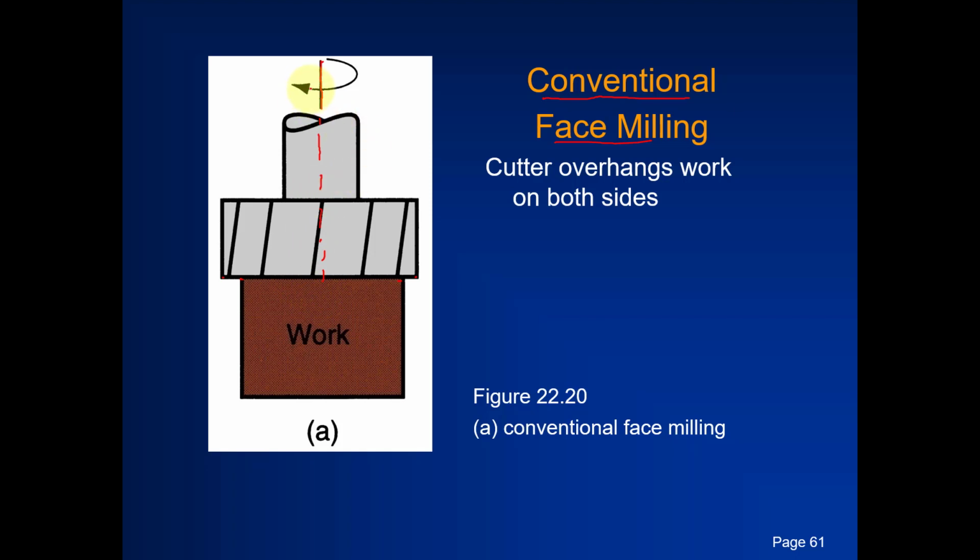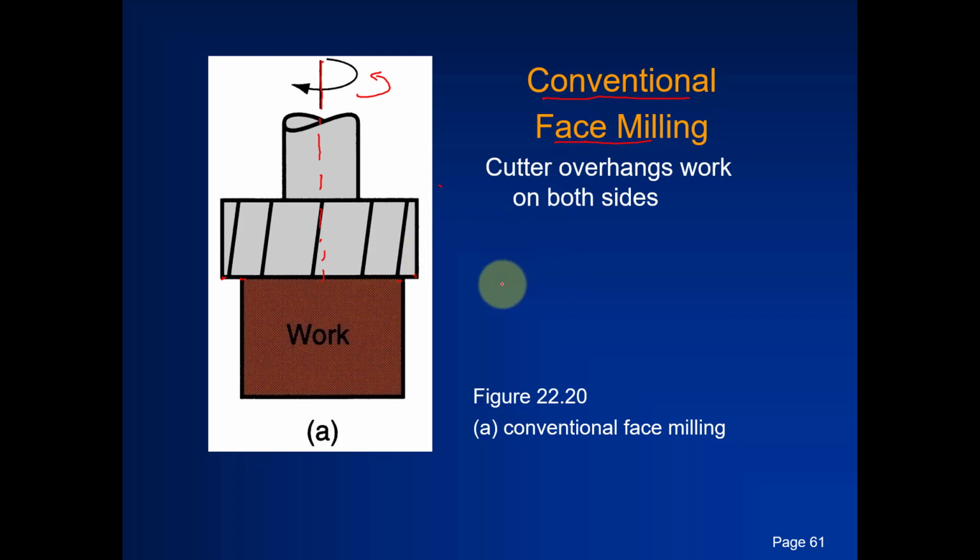So from the axis of rotation of the cutter being perpendicular to the surface, we can say that it is a type of face milling. But which type of face milling? The width of the cutter exceeds the width of the workpiece, so that type of face milling is known as conventional face milling, and again it produces a flat surface.